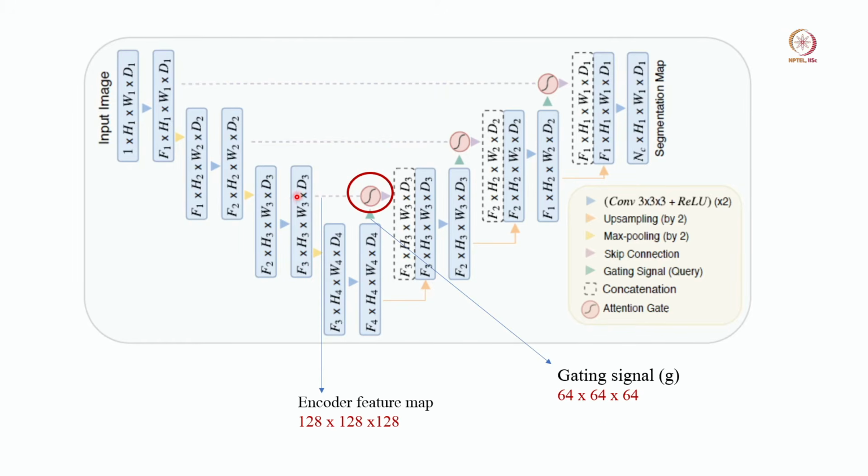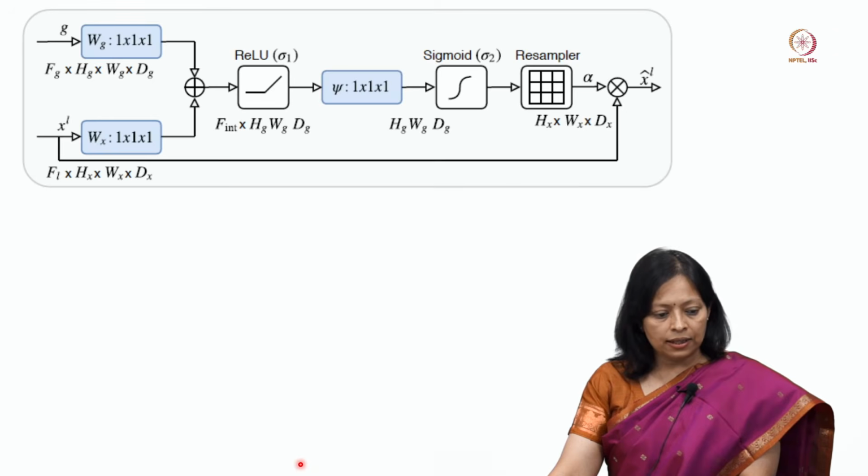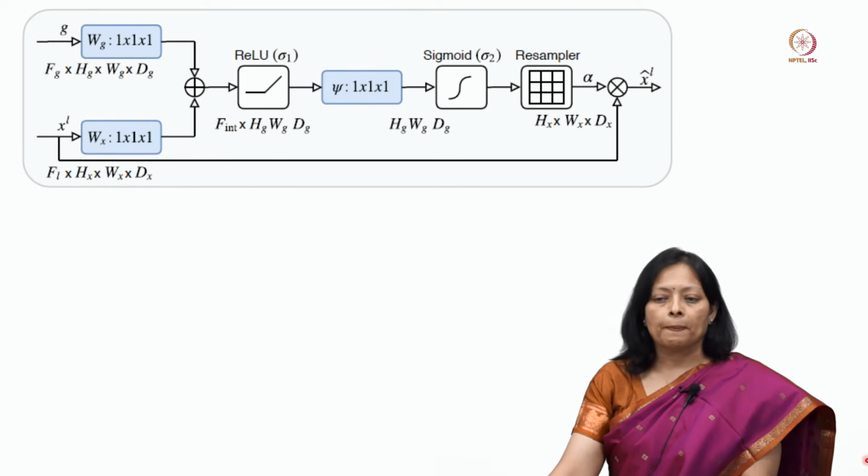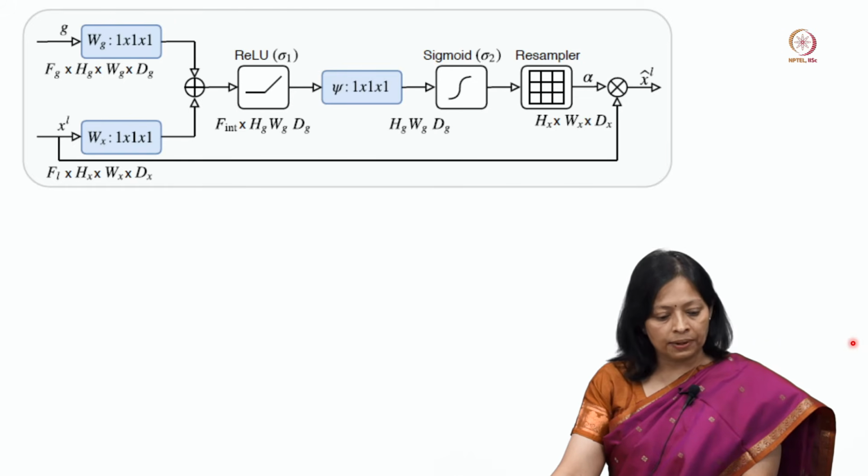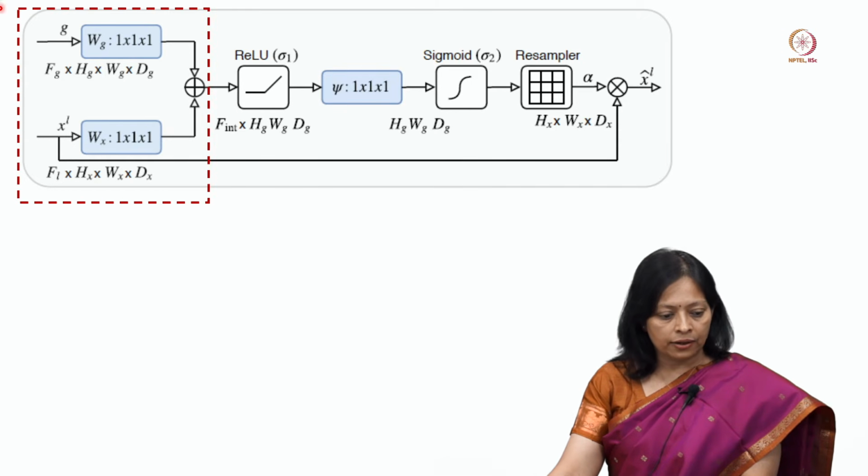So H3 should be greater than H4. So the encoder feature map is 128 cross 128 cross 128. Now, we will see what happens. Once again I have taken this picture of the attention gate operations from the original paper, and we are here right now.